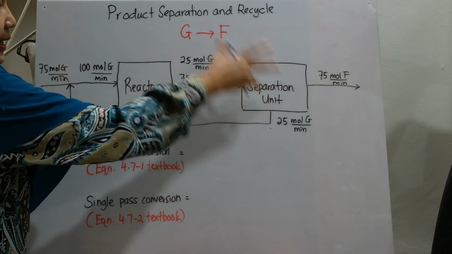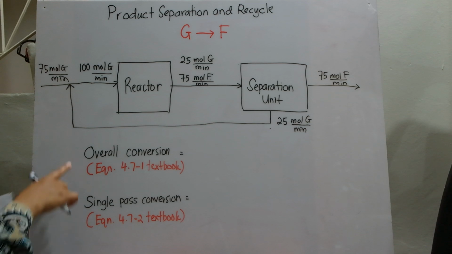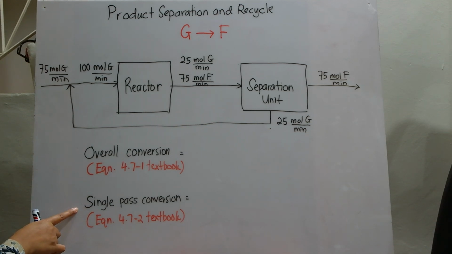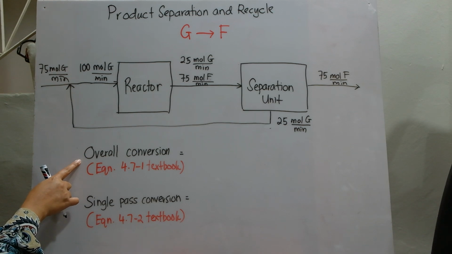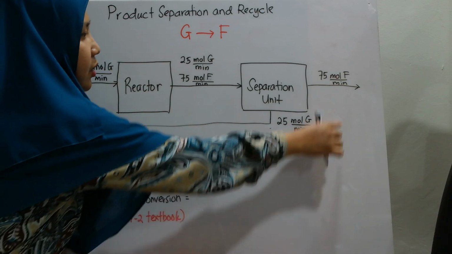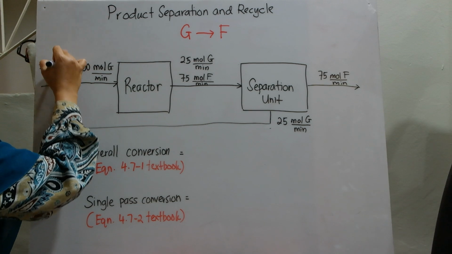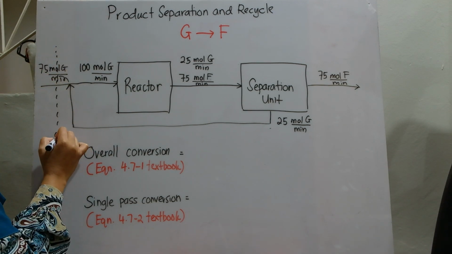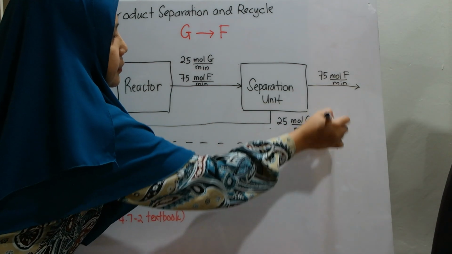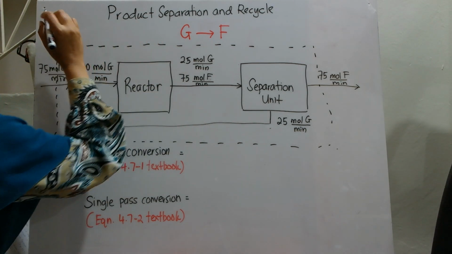When we have this type of process, we have the concepts of overall conversion and single pass conversion. Overall conversion is the conversion of our reactant at the overall boundary. When you want to calculate overall conversion, this is your boundary, which I name boundary 1.